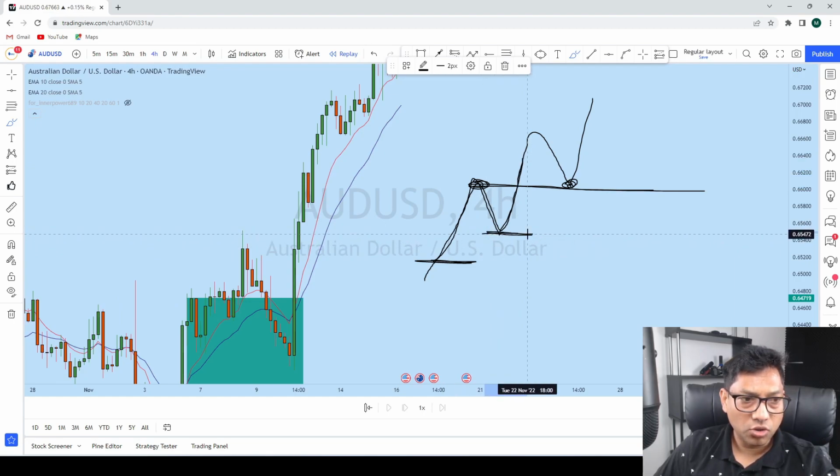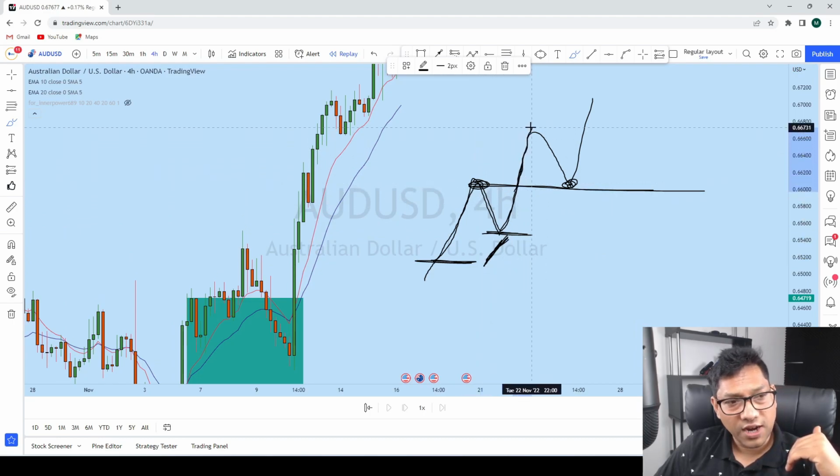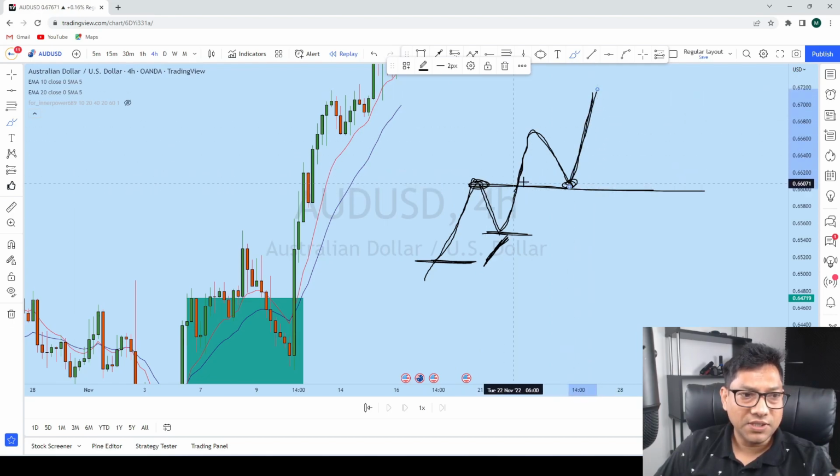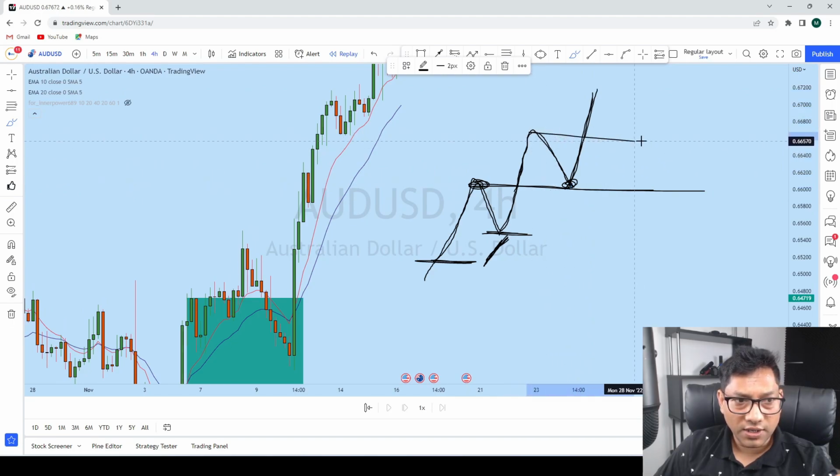Once you bring your stop loss here, that means you secure this profit. And then once you saw this impulse, wait for another correction. Once you saw this correction test the previous swing high, previous resistance as support, wait for another impulse. Once this impulse is done, that means the price has already broken this resistance level, bring your stop loss here, so you secure this much profit.